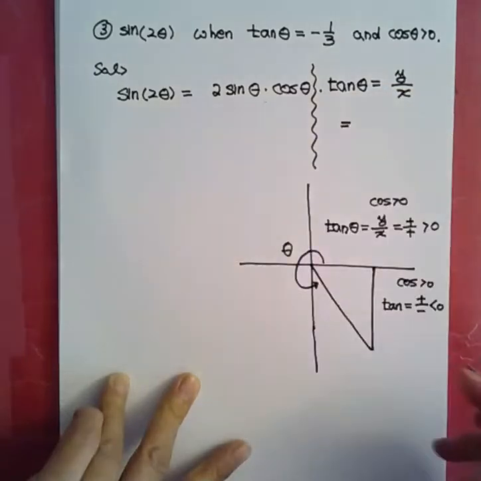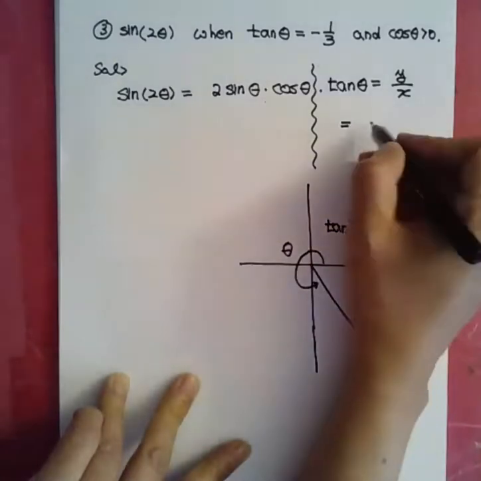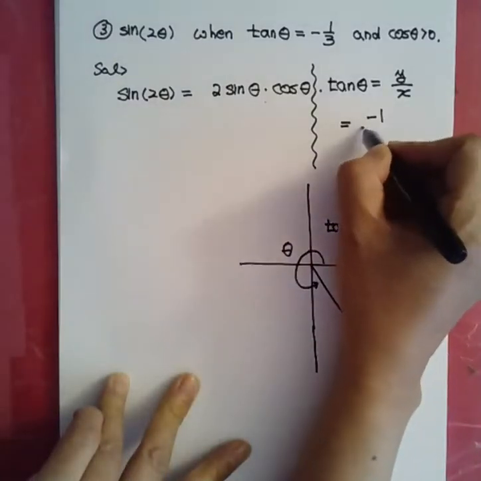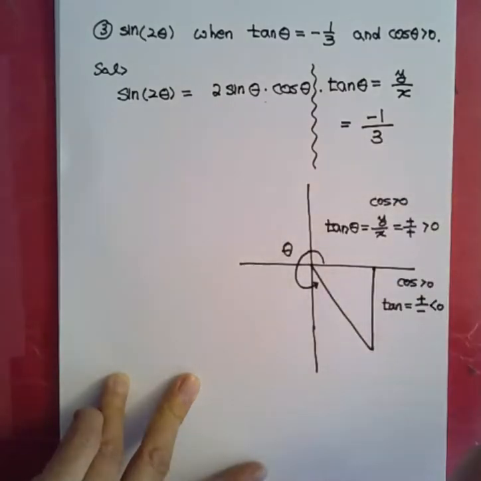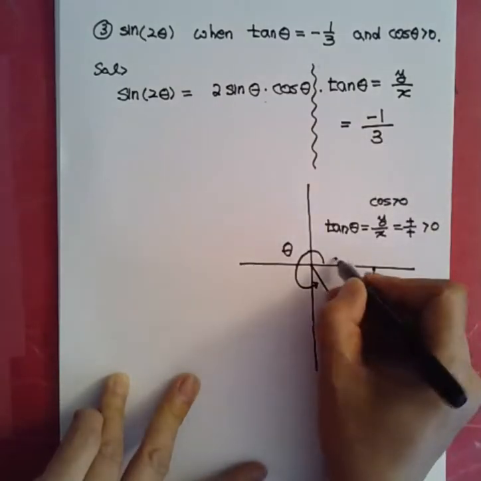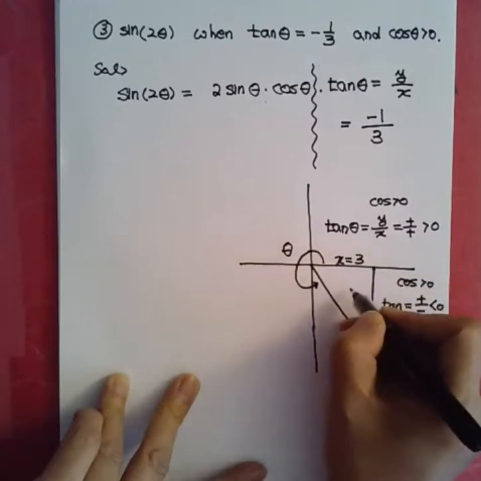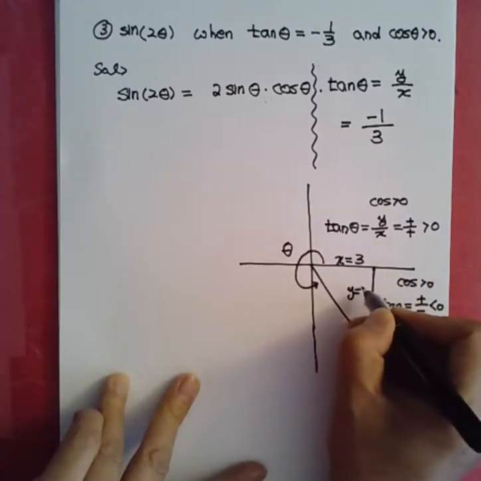Y is negative in the fourth quadrant, so y is minus 1 and x is 3. Let's write down x equals 3 and y equals minus 1.